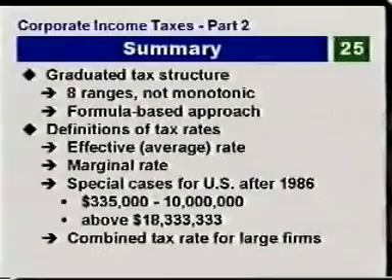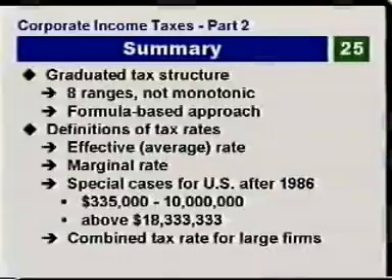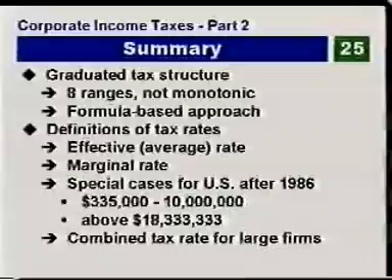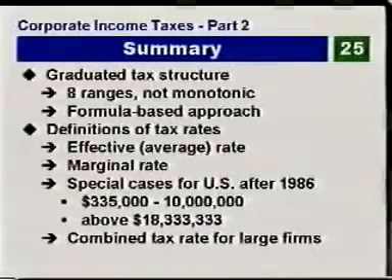So here we have a summary of this lecture. We have reviewed the graduated tax structure, the fact that there are 8 ranges, but that the tax rate does not increase monotonically as might be expected for an industrialized country. It tends to increase, but it jumps around a little bit at the upper end. We reviewed the formula-based approach, which is what most accountants use for computing corporate income taxes. We defined the effective or average tax rate as the tax divided by taxable income, and we defined the marginal tax rate as a tax on the additional dollar of income that a company might have.